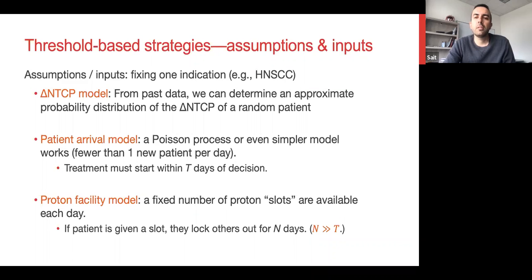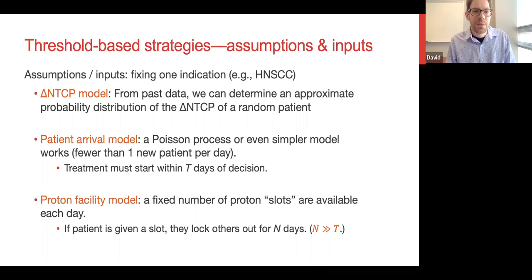So the issue is, if you have patients with different indications, then they have different NTCPs, and you have to start thinking about how to trade off a patient who comes with this condition, where the main side effect is not quite as debilitating as the most common side effect of a different type of patient.